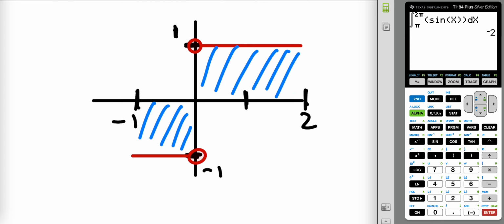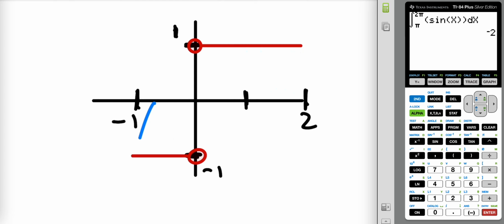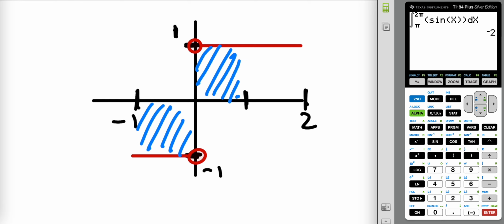Alright, so when we have that in mind, well, first thing we can realize is that whatever this area is here is going to cancel out with this area there and make the two irrelevant. So really the only thing I would care about is whatever this area is, going from 1 to 2.